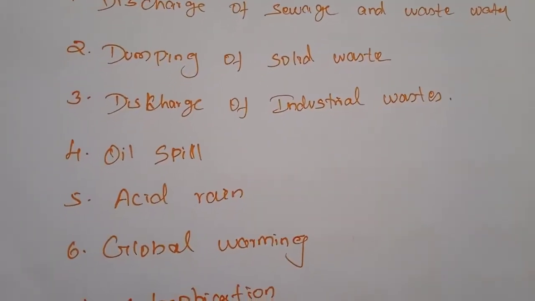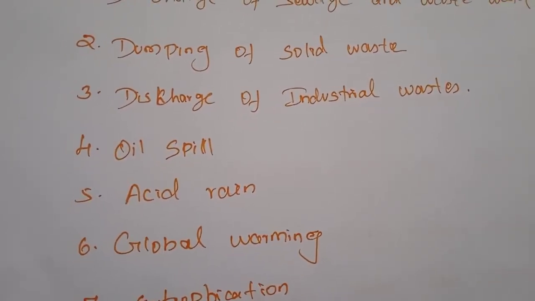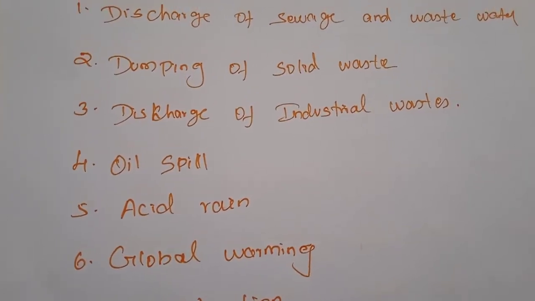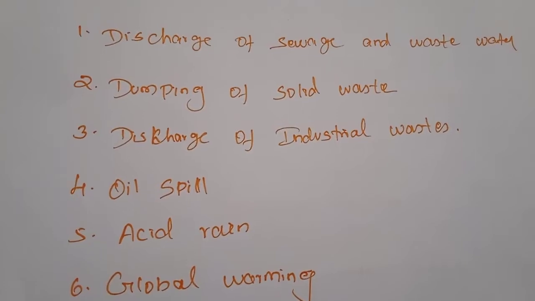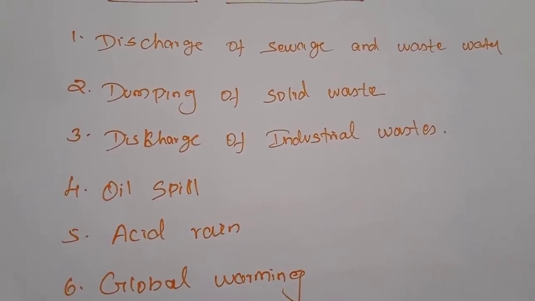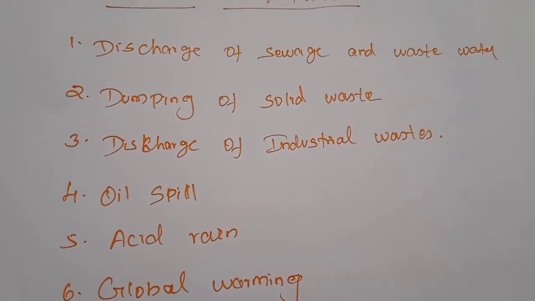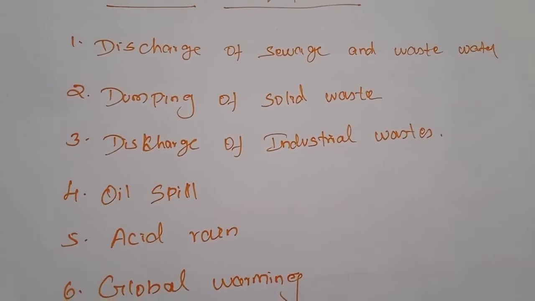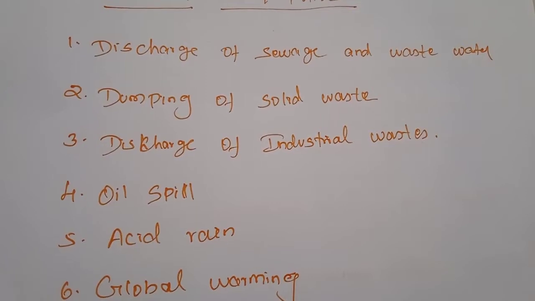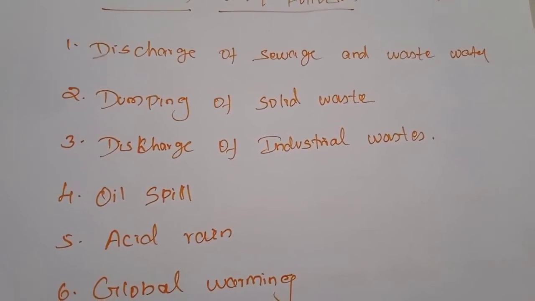Next, oil spill. The seawater gets polluted due to oil spilled from ships and tankers while traveling. Last year also we heard some news: one of the ships was broken and all the oil was spilled in the sea. When that happens, many aquatic animals like fish are harmfully affected.